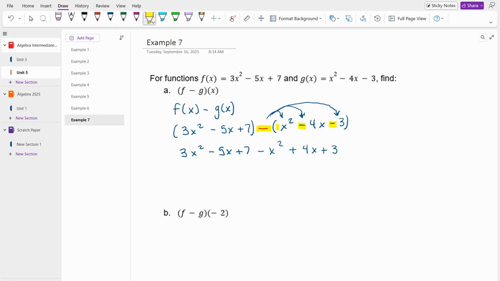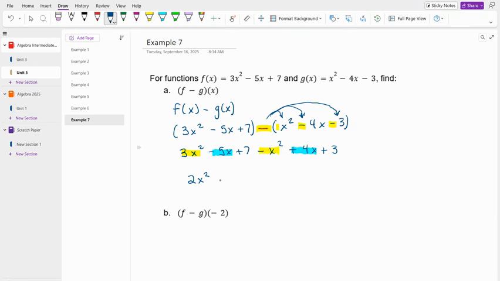Okay, we're going to go down. We have our x squared terms. So we have 3x squared minus x squared, which is 2x squared. And then we have minus 5x plus 4x. Those signs are different, so we'll think of subtraction. 5 minus 4 is 1.